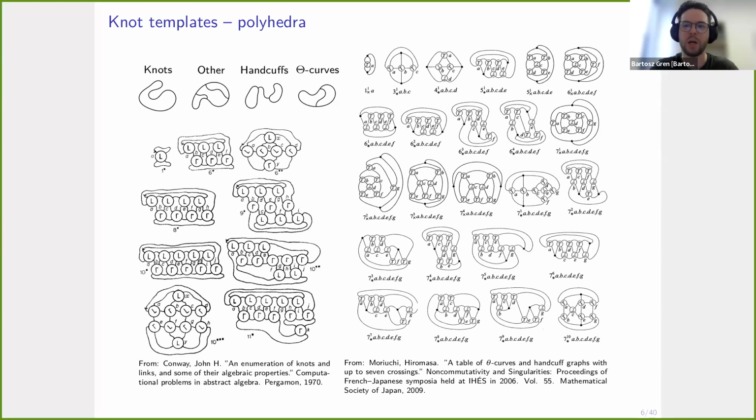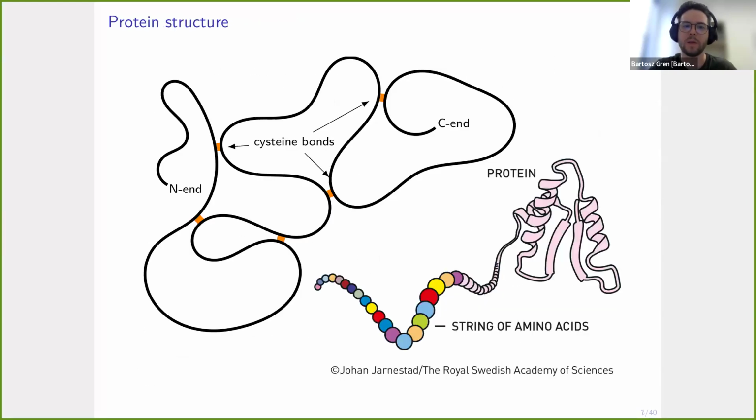We are dealing with proteins, and proteins are biological polymers, which from the topological point of view are like simple strands, but they can have extra bonds, a lot of different kinds of bonds, but the strongest one, the cysteine bonds, which are like regular bonds across the strand, change the topology of the protein.